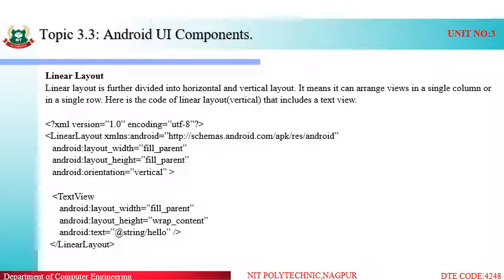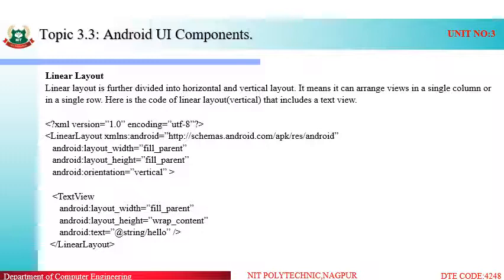Simply we have to set the property of that attribute, whether it is fill parent, match parent, or wrap content, depending upon user requirement. Orientation we have to give, whether we have to use horizontal orientation or vertical, that we have to specify. Similarly, we can drag and drop different controls, that is text view, buttons, checkbox inside our layout.